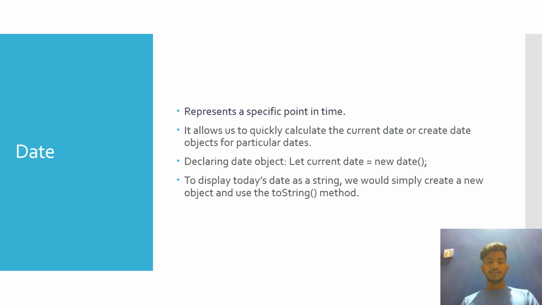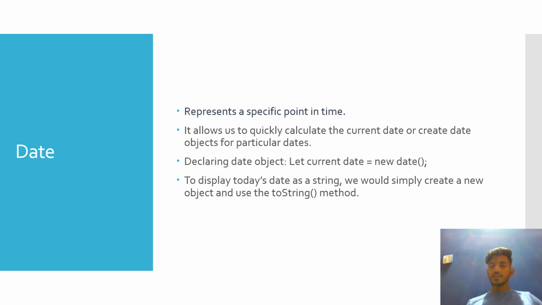Next, Date. Date represents a specific point in time. It allows us to quickly calculate the current date or create a date object for particular dates. Declaring a date object: let currentDate is equal to new Date.